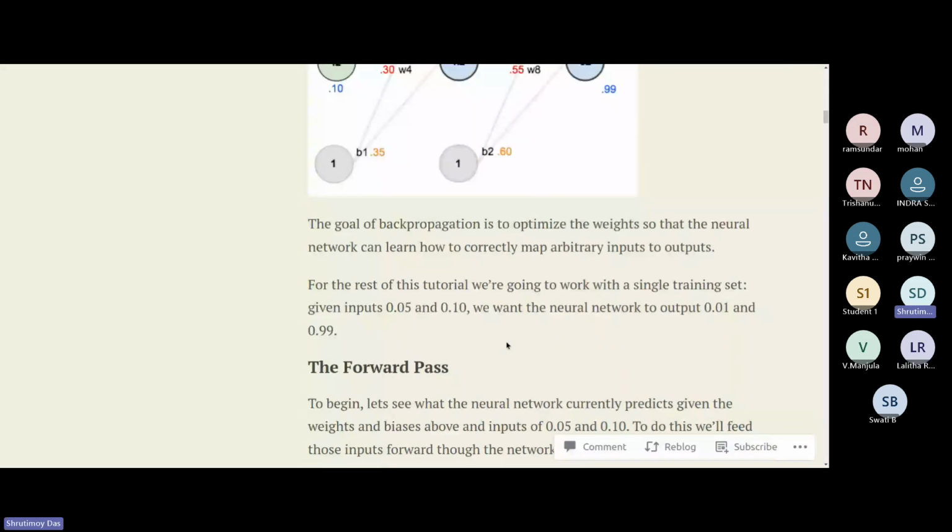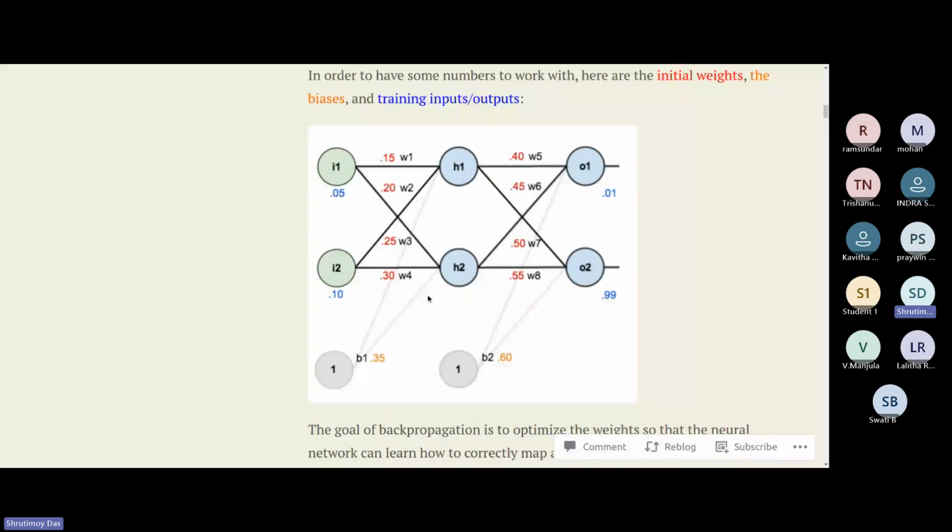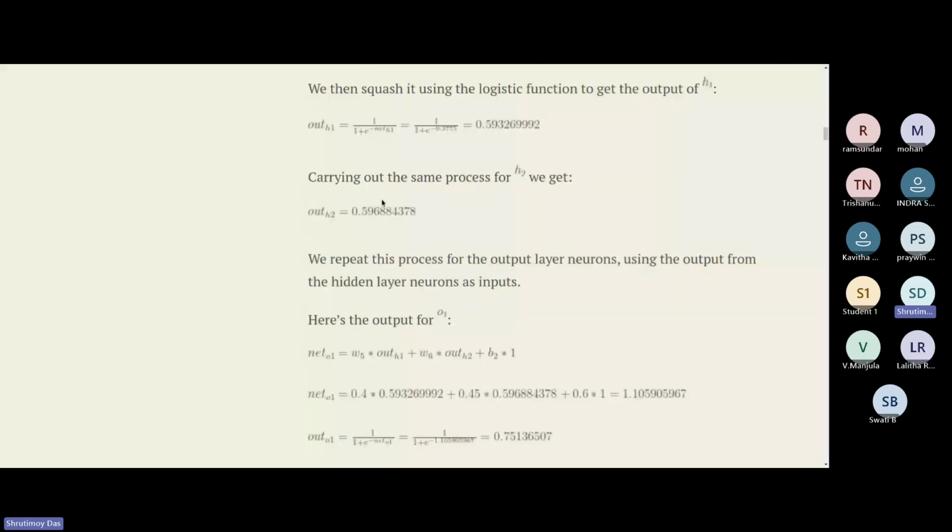Similarly, you do the same calculation for H2, which is 0.05 into 0.25 and 0.10 into 0.3 plus this bias, and then you apply the logistic function to all of that.